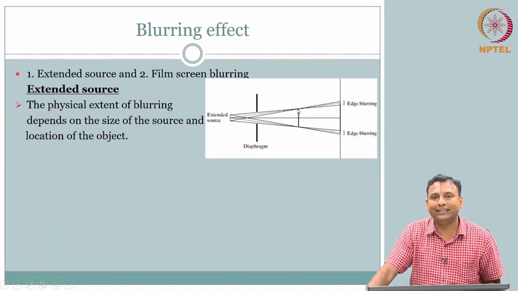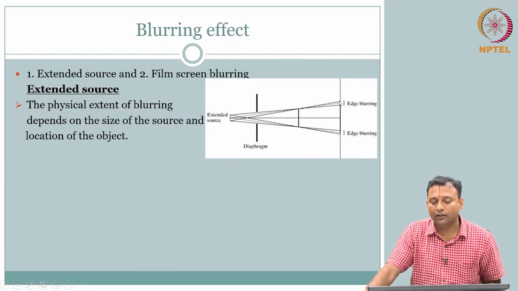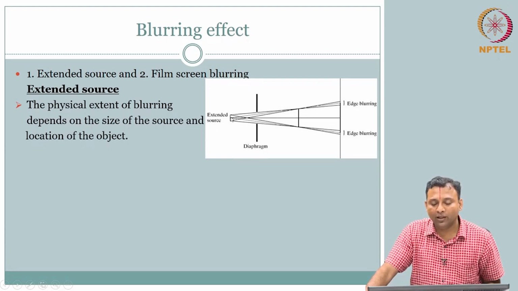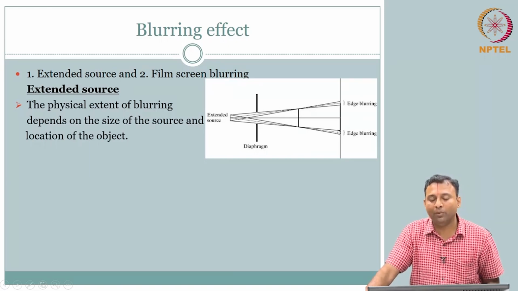So what you see is a net sum. In some sense, instead of one edge you get a blur. So it is uncertain over this region, and this region is dependent on the extent of this source. If this was a point source, you would have had a point here. Now that the source is extended, your object edge is spread over some length, so this is called edge blurring.